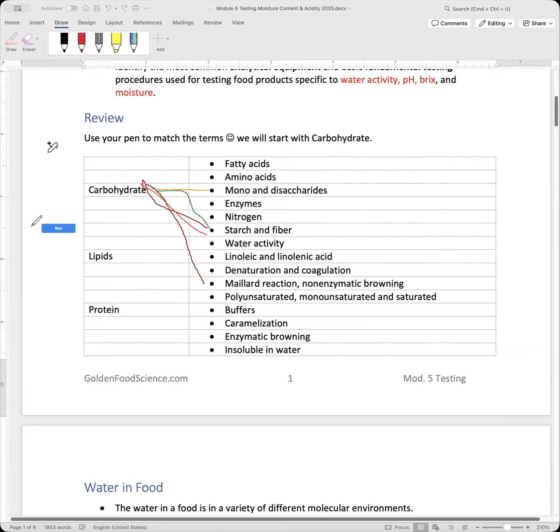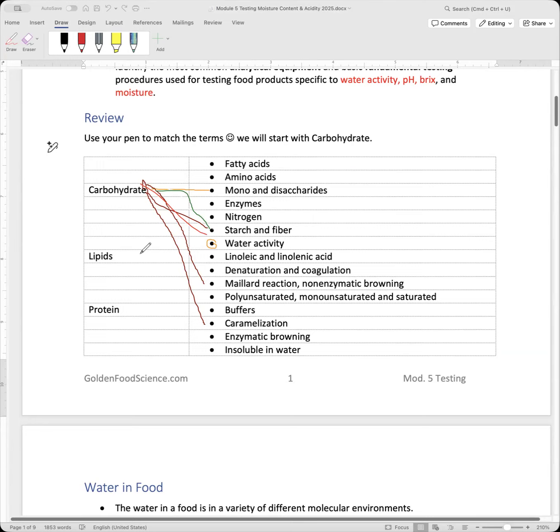What else? There's a couple more. Caramelization. Very good. Okay, there's one other. Don't forget water activity, right? Sugars affect water activity, and we're going to be talking about that today.